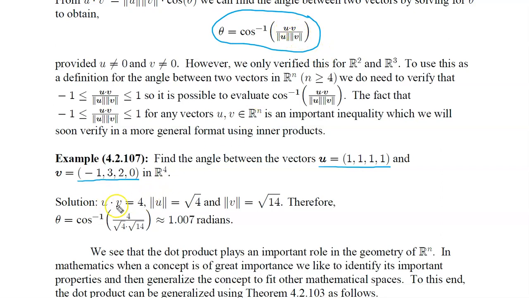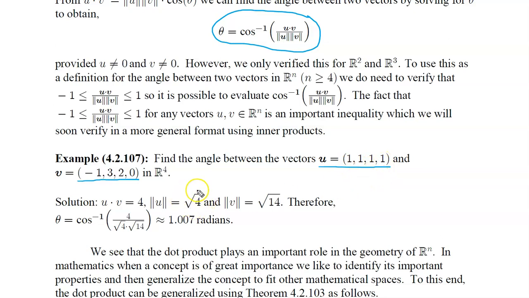I claim u dot v here is 4. You can verify that: 1 times -1 plus 1 times 3 plus 1 times 2 plus 1 times 0. That'll give you back 4. The magnitude of this vector is just going to be the square root of 1 squared plus 1 squared plus 1 squared plus 1 squared.